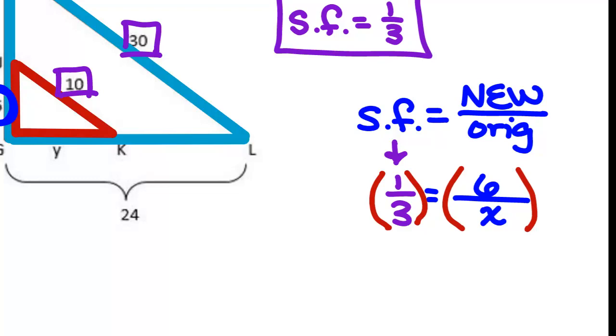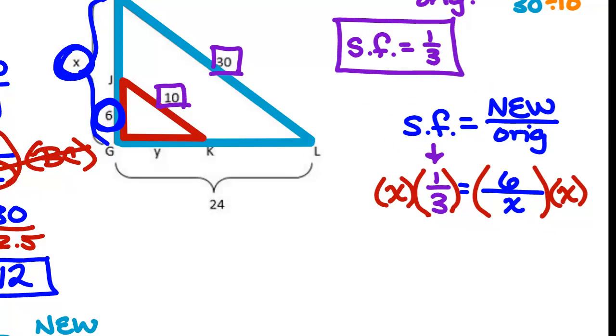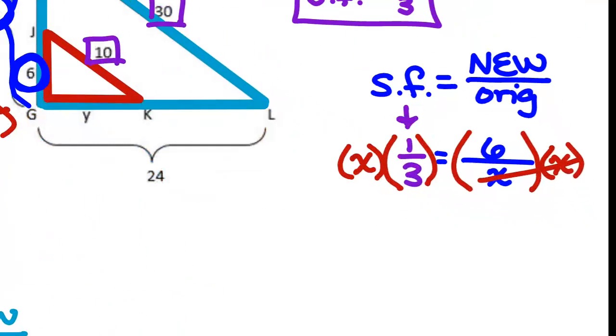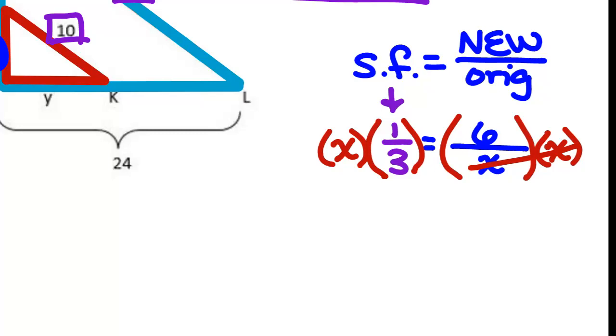What should I multiply by? X. We're going to multiply by the denominator x. Could I multiply by the denominator of 3 and get rid of the other fraction? Yeah. And there's going to be some other problems where we have to do stuff like that, but for this one, it's probably easier if we do it like this. So I'm going to cancel that out. So over on the left, I have 1/3 x equals 6.